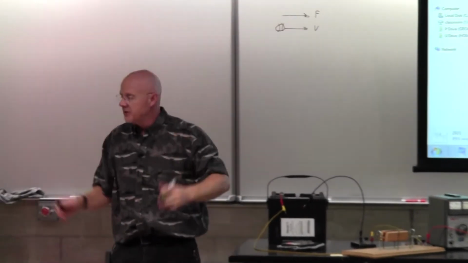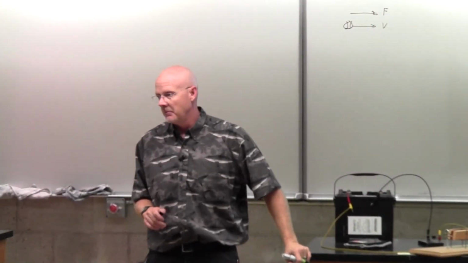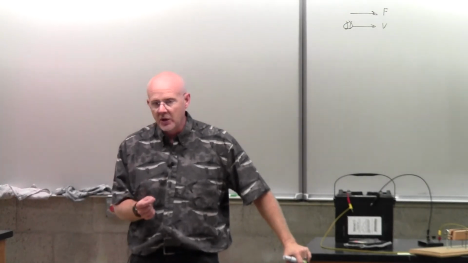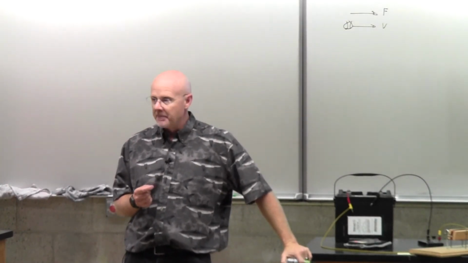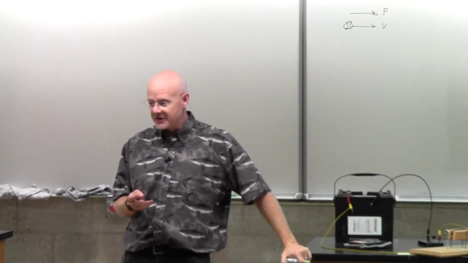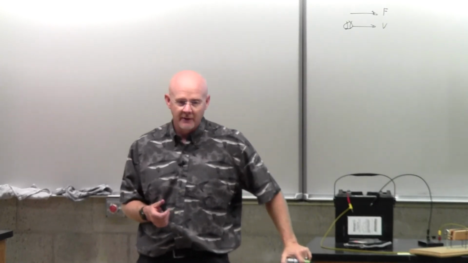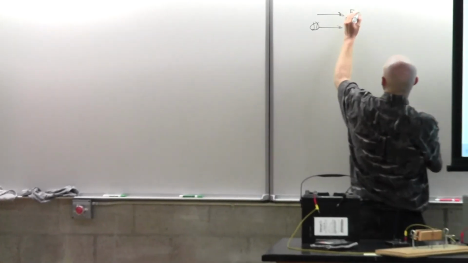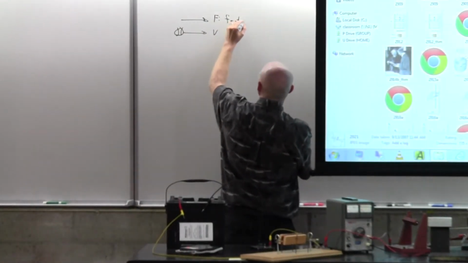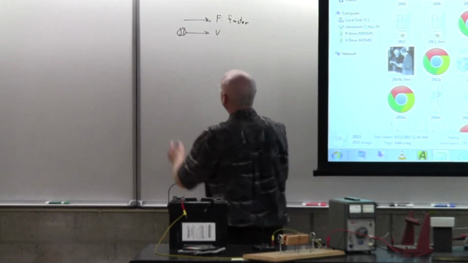Okay, if you give a force, it always accelerates. Fair enough. But be more specific. What kind of acceleration would it have? Would it go faster or slower? Faster. It would go faster, right? And so this type of force in the direction it's moving would make it go faster. What if the force is this way?